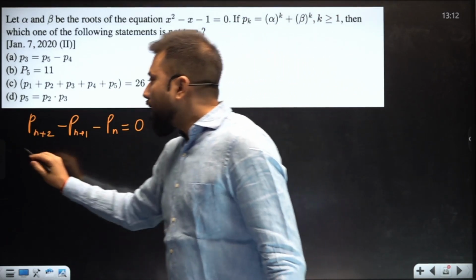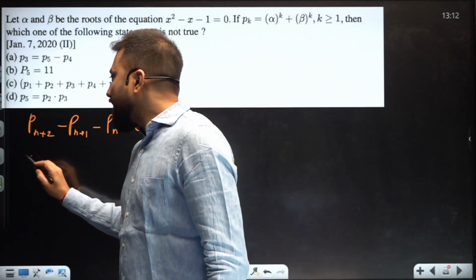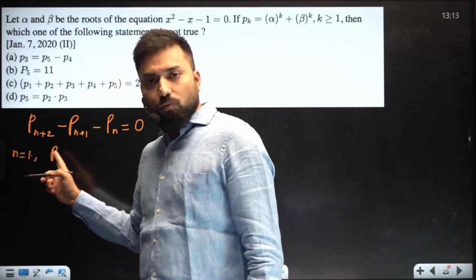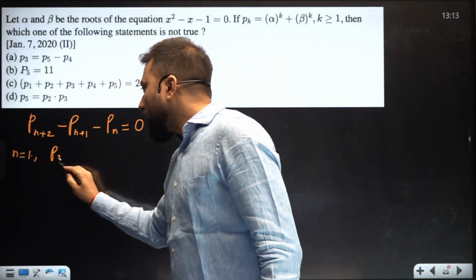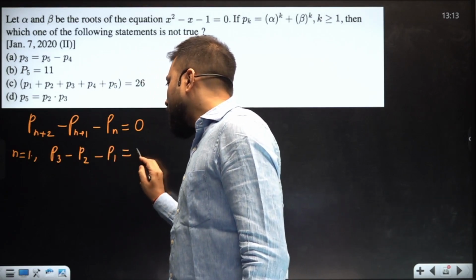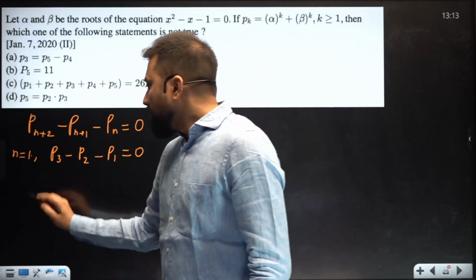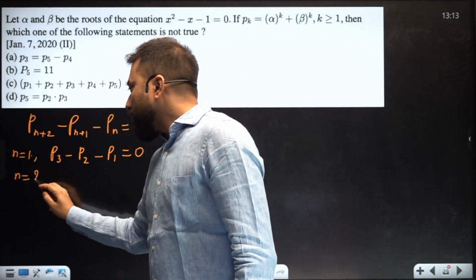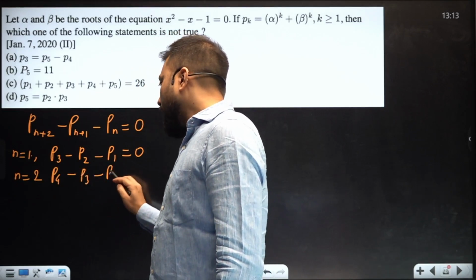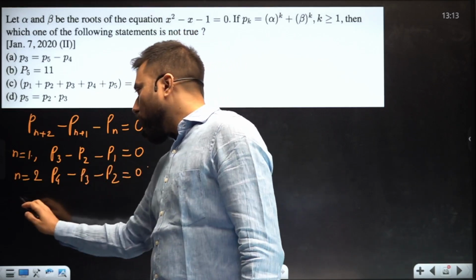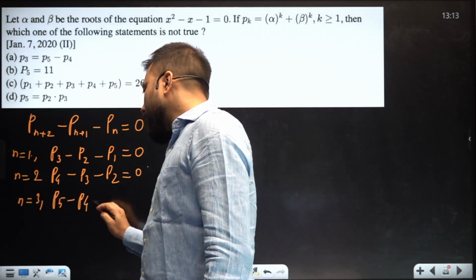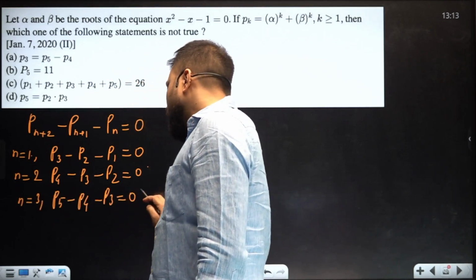Now if you put n is equal to 1, this will become P3 minus P2 minus P1 is equal to 0, right? Now if you put n is equal to 2, you'll get P4 minus P3 minus P2 is equal to 0. Let's say we put n equals 3, we'll get P5 minus P4 minus P3 is equal to 0.